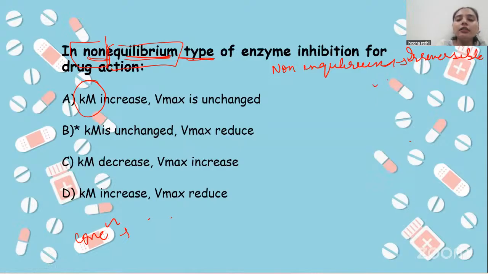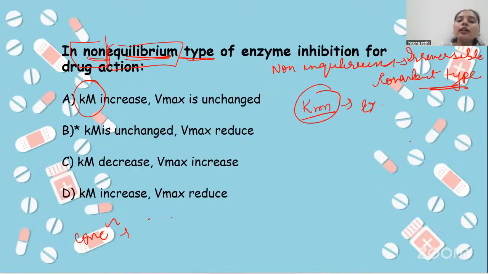It means the binding is covalent type. Strong binding is there. What does it mean? It means a low concentration of the substrate is able to achieve half of the maximum velocity.